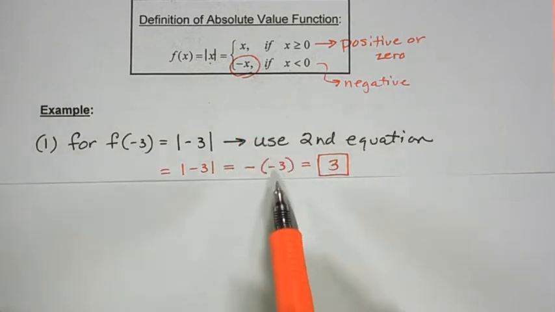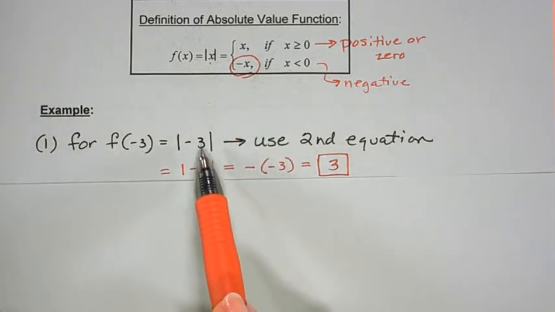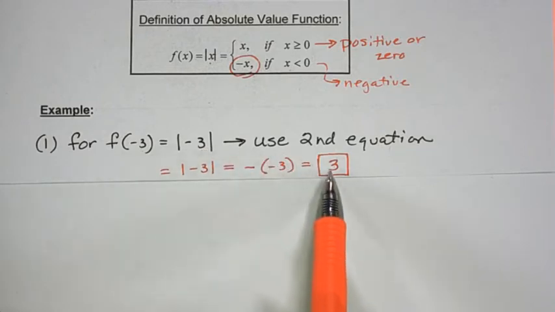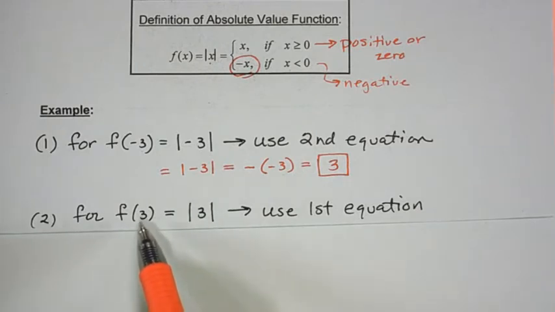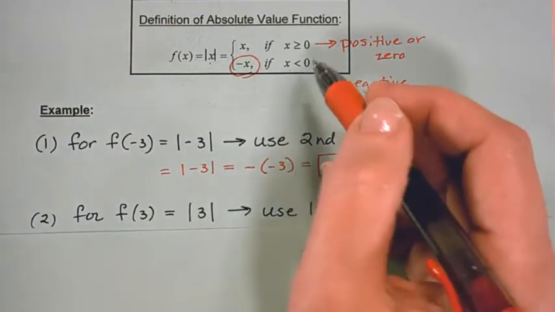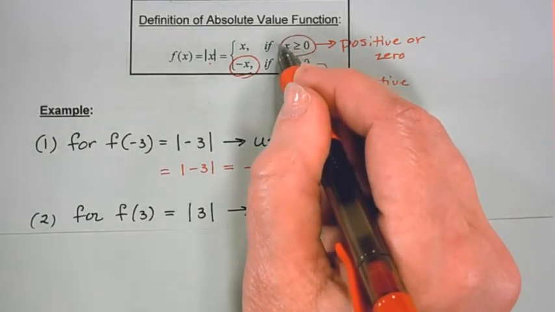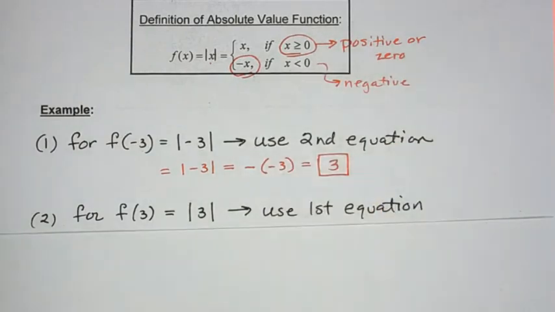But all our lives, we've just known that when we take the bars off, the absolute value of a negative number is the positive version of that number. Let's look at the second example. Let's say we had a +3. Because this value of x here is x equals 3, it's in that piece of the piecewise defined function.